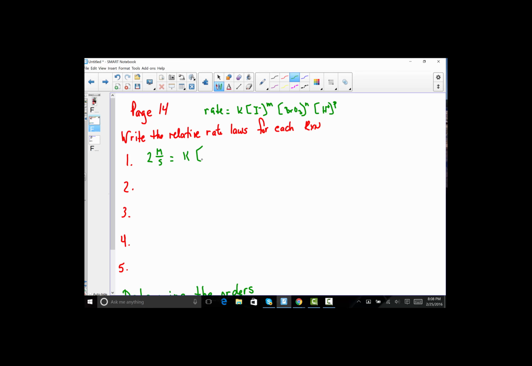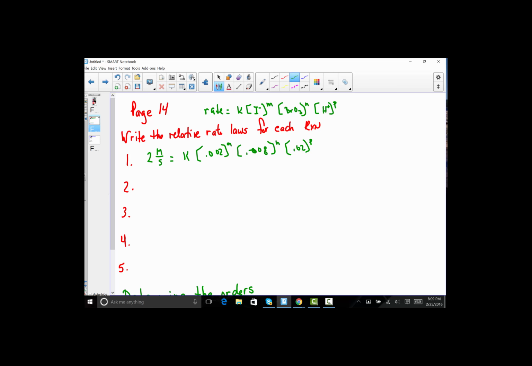It's going to be set equal to the rate constant K times the concentration of the iodide in the first reaction raised to the power M times the concentration of, that's 0.08 for the bromate raised to the power N, and then the acid was 0.2 molar raised to the power P. So see what we're going to do each time for the rate laws.